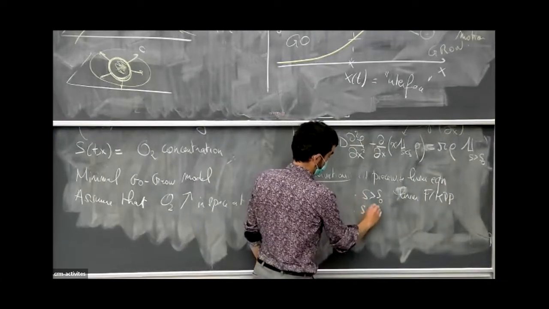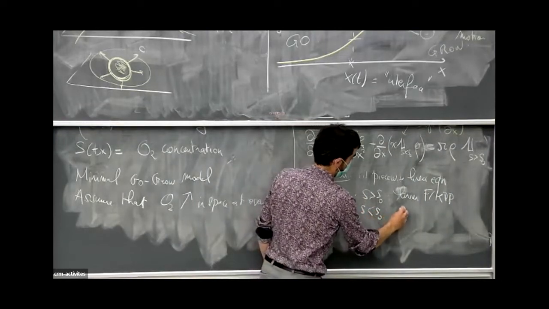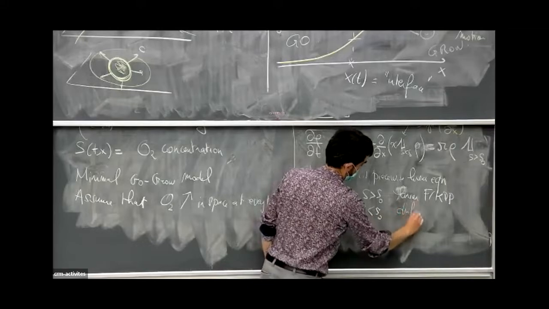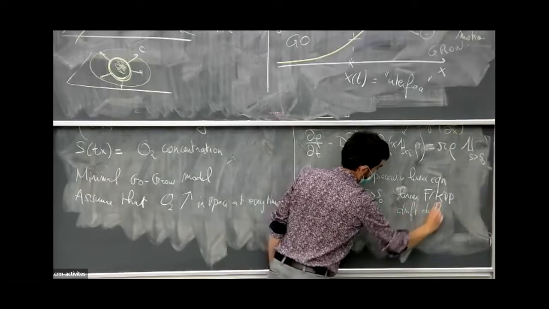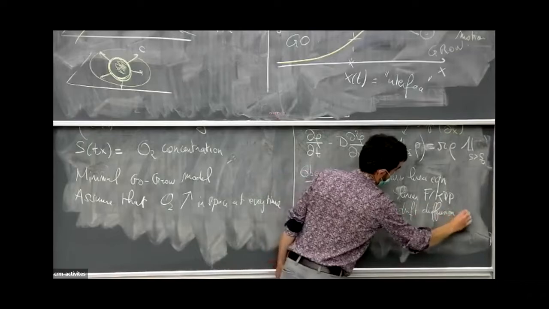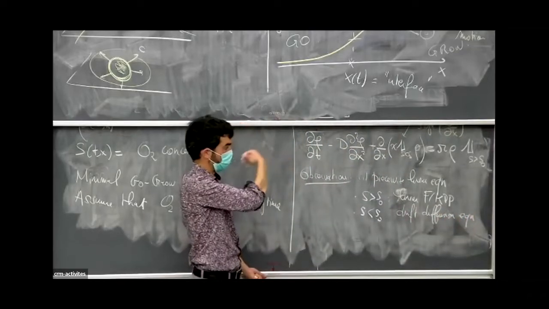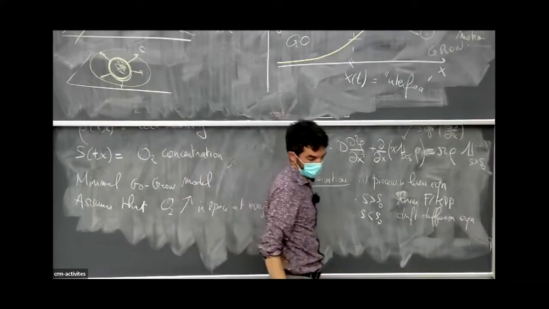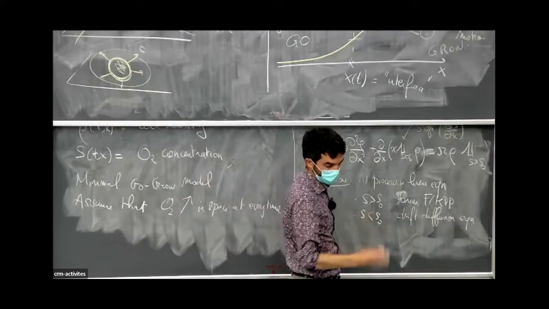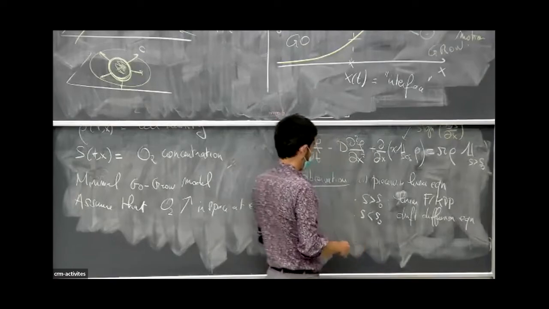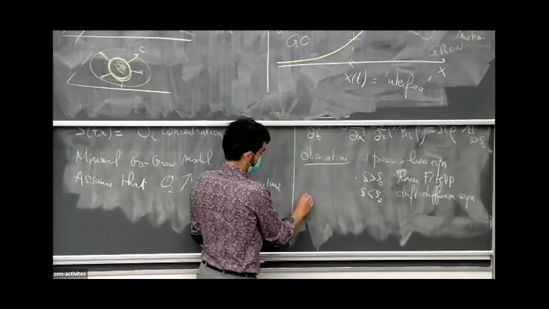Or you have S below the threshold, and you have just a drift diffusion equation, which is actually conservative. On the left side, there is no death or no growth of cells.